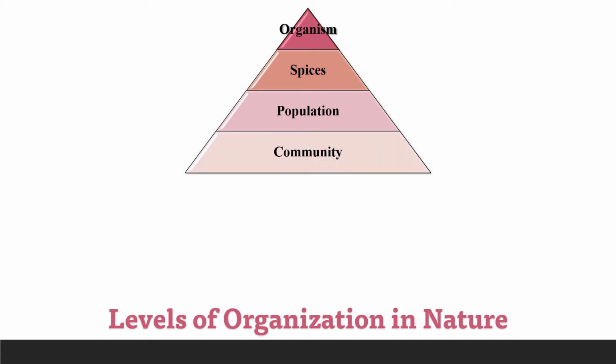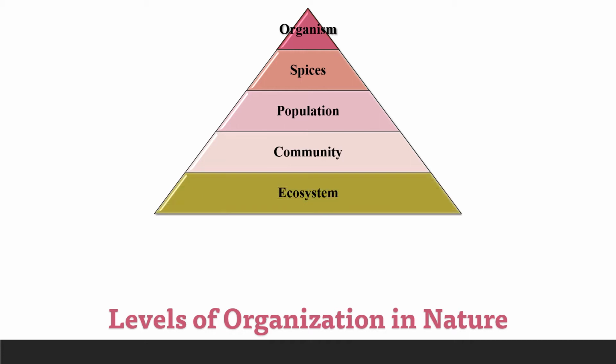Next is community. The collection of all the interacting populations of different species existing in a geographical area is known as community. Ecosystem: a community of living organisms, that is populations of species, interacting with one another and with its non-living physical and chemical environment.